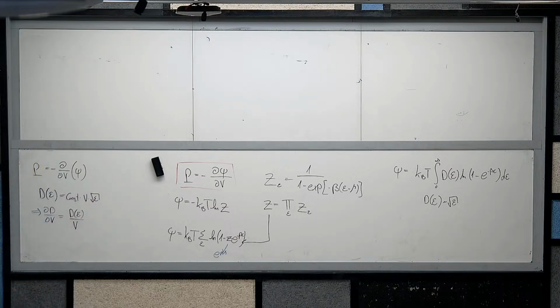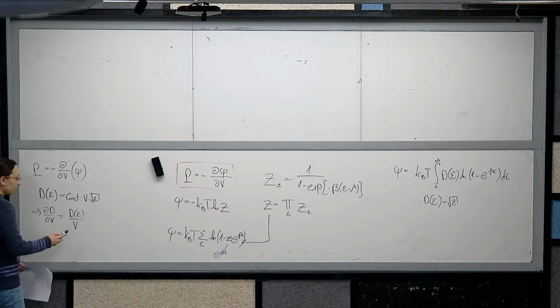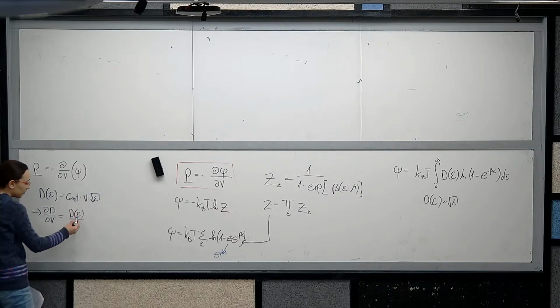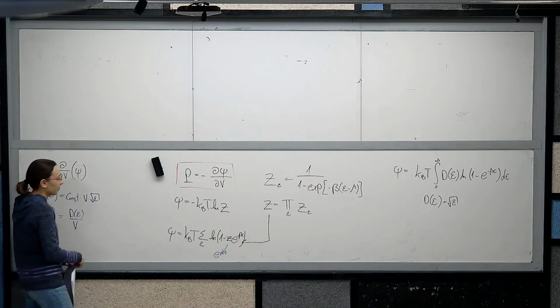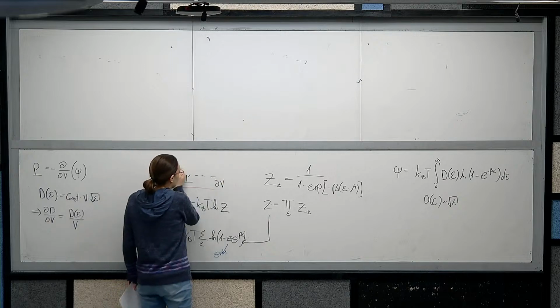So instead of writing the whole density of states each time, we will just write it as density of states divided by V, because it gives us the same value.